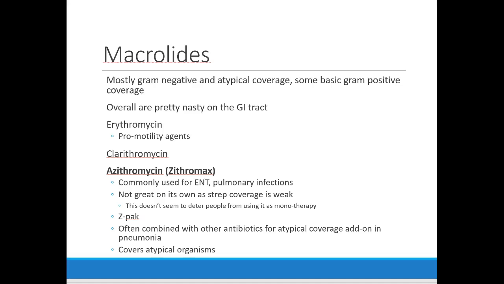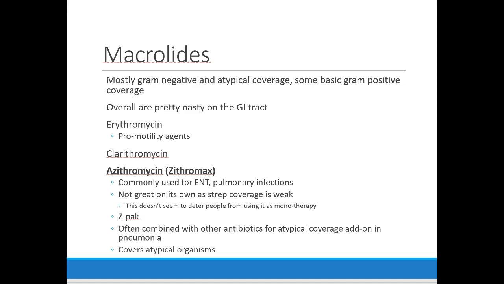Azithromycin does cover atypical organisms quite well, and community-acquired pneumonia can be caused by atypical pathogens. The problem is a large percentage of community-acquired pneumonia can also be caused by strep pneumo, which azithromycin doesn't have great coverage against. So if you prescribe somebody just azithromycin, you're gambling that they don't have strep pneumo.